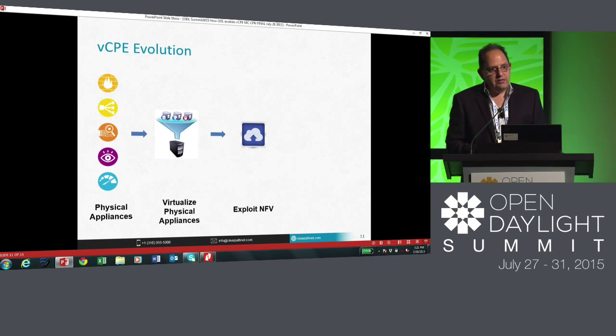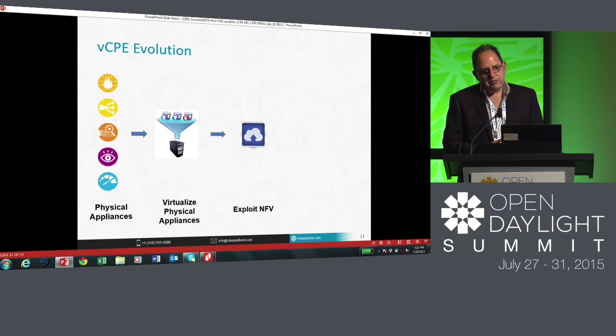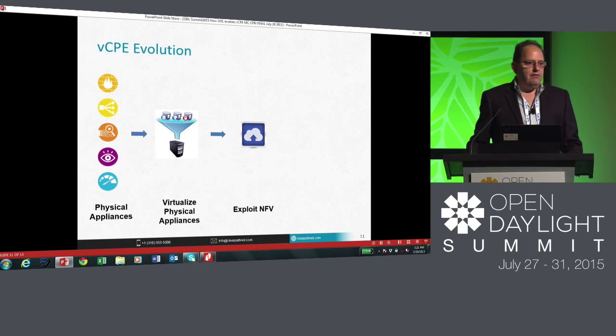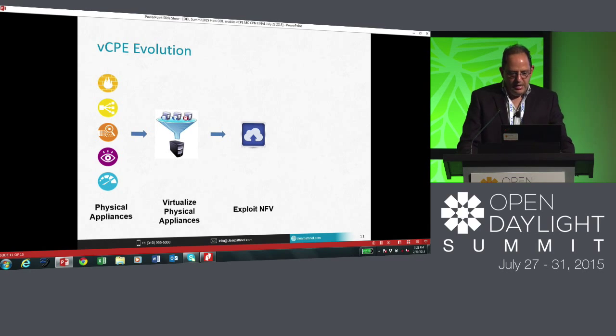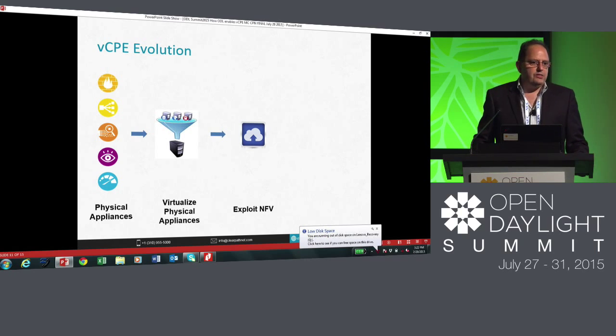Really what we want to do is exploit the NFV architecture. And then we're able to do things like decompose those physical appliances into more granular virtualized functions, and then deliver those into a more efficient environment, like not only what ClearPath offers with our VSP platform, but what others are offering as well.